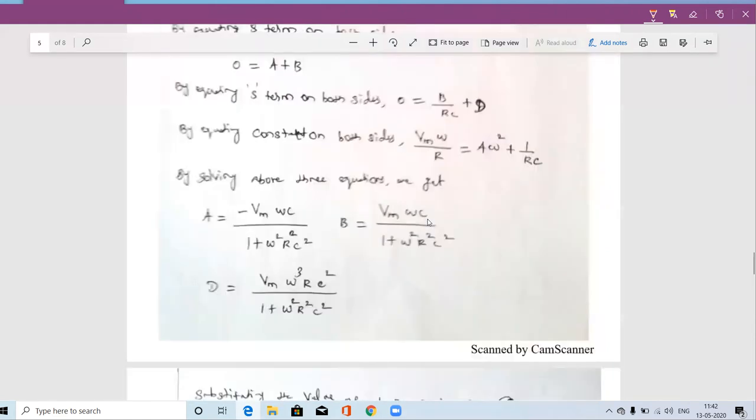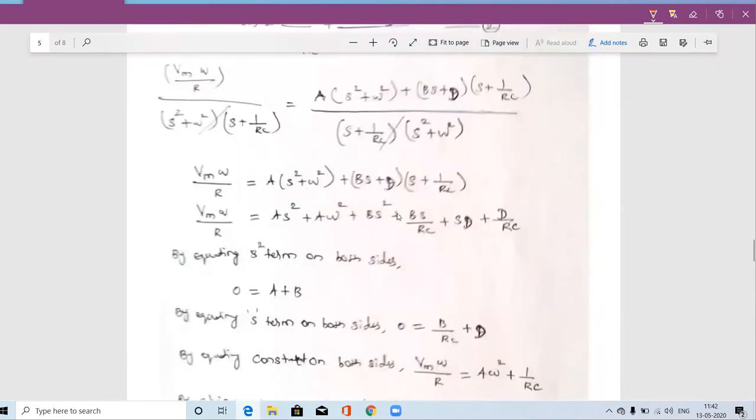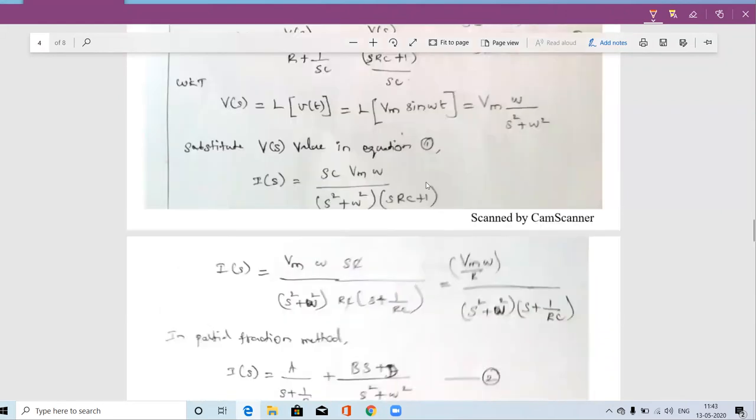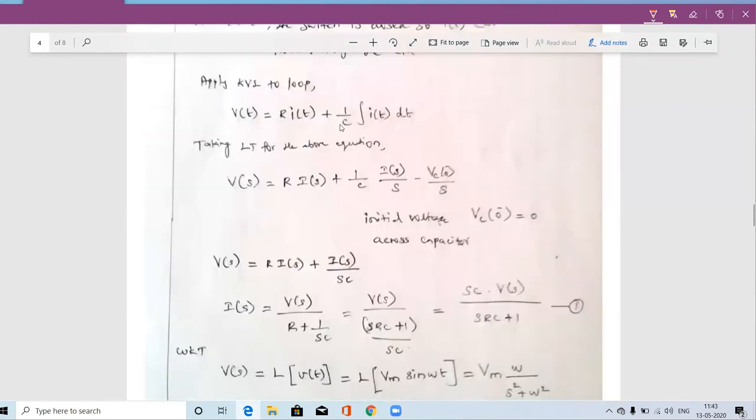If you have studied the RL circuit, the RC circuit is a similar method. The only difference is that here the voltage across the capacitor is 1 by C integration i dt. So the Laplace transform of the integration of i of t is I of s by s. In the previous RL circuit it was s into I of s, here it is I of s by s. That is the difference.